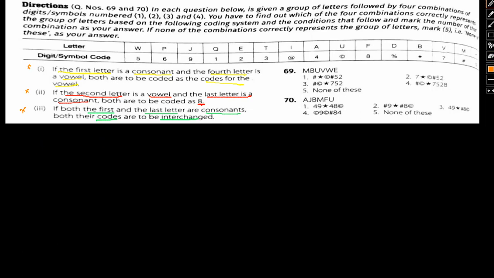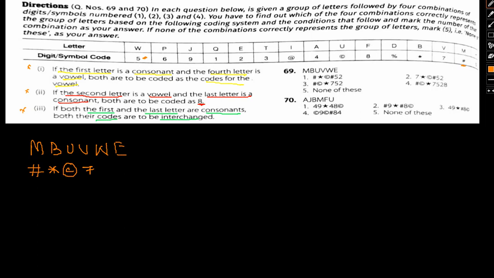So we'll simply code this in accordance with the table provided. Oh, sorry, my bad: B, U, V, W, E. We'll code this according to the table. The code for M is hash. Code for B is star. U is C. V is 7.